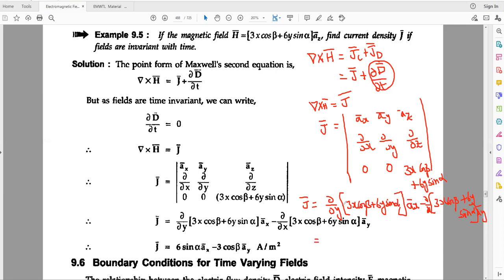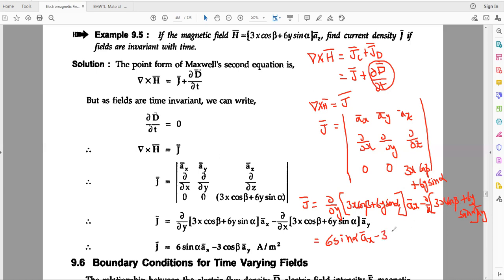Now apply here the dou by dou Y. The first term is 0 because it's a constant, there is no Y term. And here 6y sin alpha, dou by dou Y is 6 sin alpha AX bar. And minus dou by dou X: for the second term there is no X term, so the second term is 0.